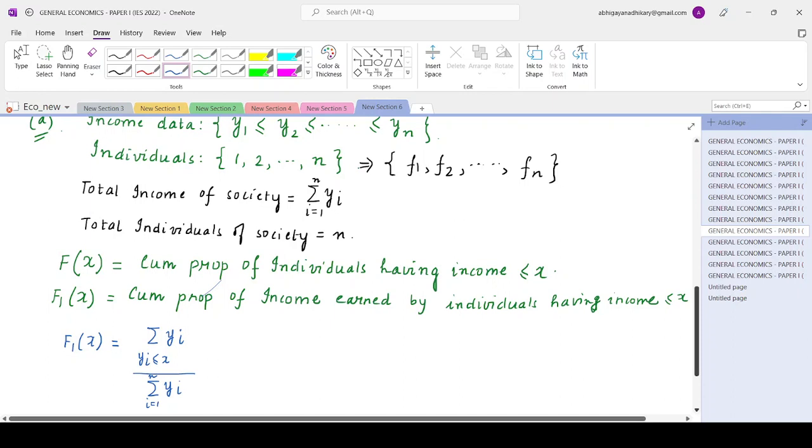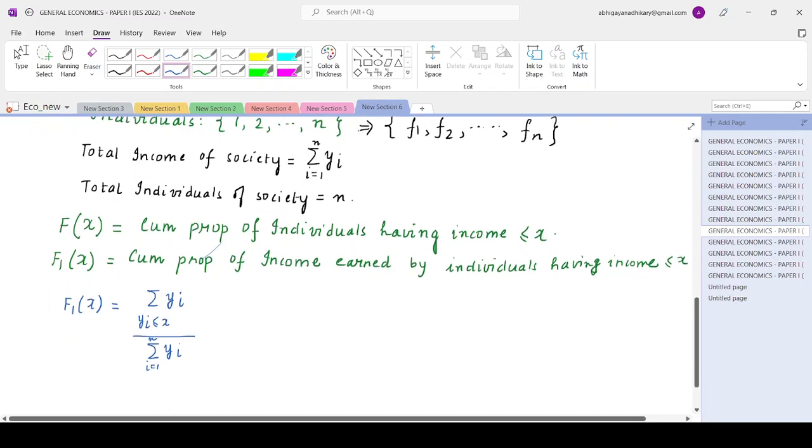This is the interpretation of F1x: the total income earned by individuals whose income is less than or equal to x as a fraction of the total income.